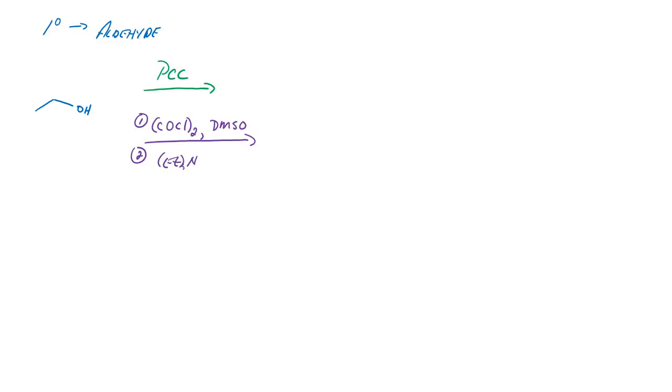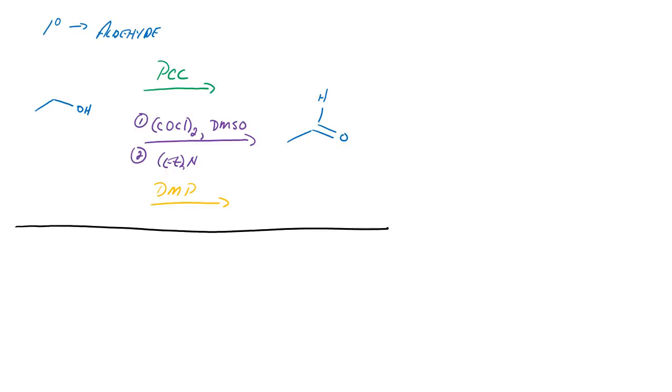Or we can use our DMP, our Dess-Martin periodinane. If we set up those conditions, ta-da, there it is. Now you'll notice what's missing from this: the chromic acid. We're missing our chromic acid, and there's a reason for that.